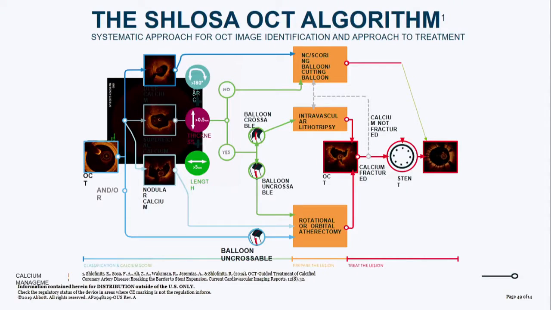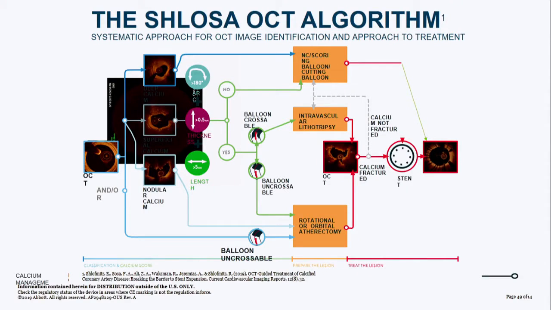So based on that, we need to decide whether we need a rotational atherectomy, lithotripsy, or laser, as Praveen has shown. All these things can be stratified with the help of imaging. Again, a similar algorithm shows that based on the scoring system, we can sometimes go for rotational atherectomy, and after that, if the calcium and the diameter is more, we might need additional equipment like IVL, so lithotripsy can be done.